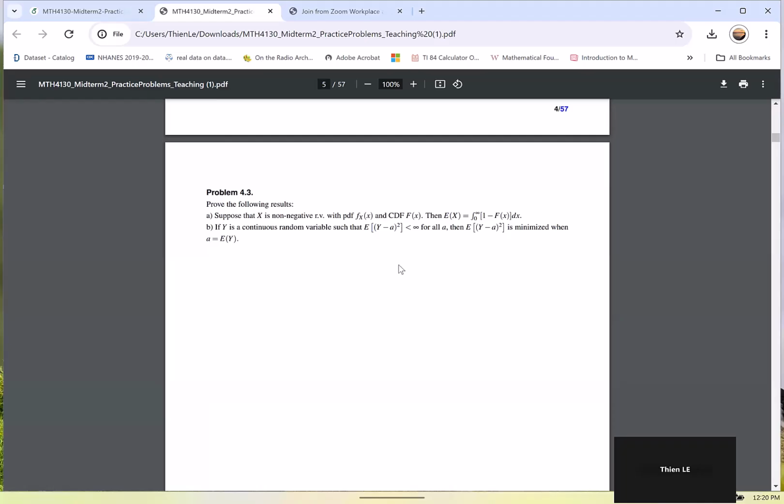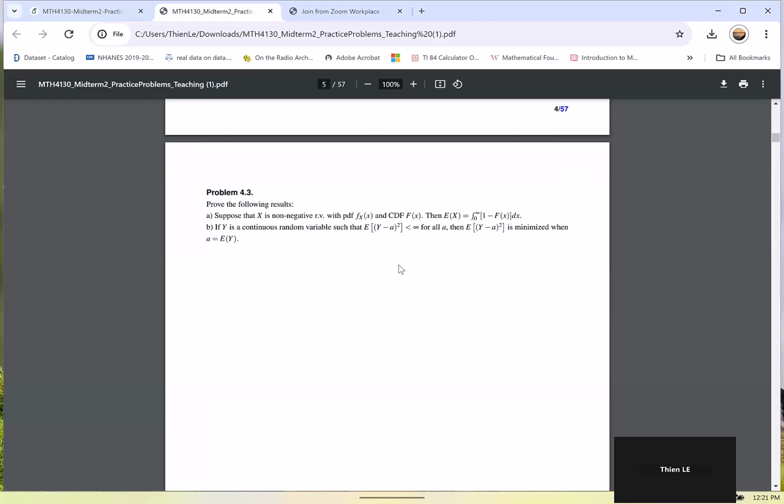In the second problem, we want to prove that the E of (y subtract a) square is minimized when a equals E of y. Okay, so the second problem is a very important result. It just tells us that E of y is basically the best guess, right? The best guess for a random variable. It minimizes the mean square error, right?